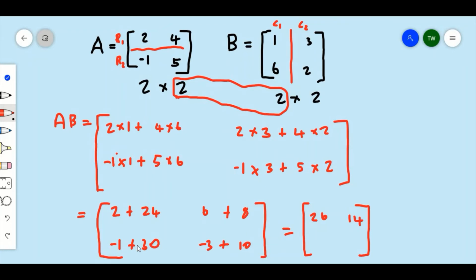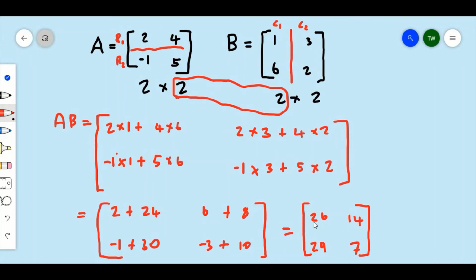Negative 1 plus 30, that's going to give us positive 29. Negative 3 plus 10, that's going to give us positive 7. So our answer here, AB, is going to therefore equal 26, 14, 29, 7.